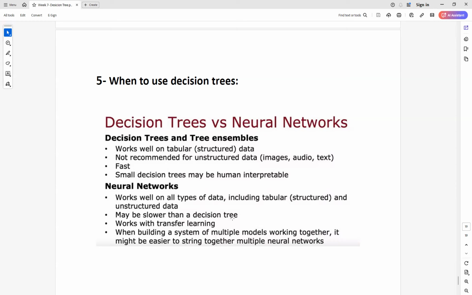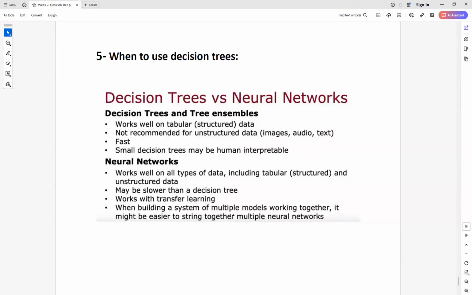Transfer learning means that you can use a pre-trained model, a model that is trained on a huge amount of data, so the model is almost ready, and then you can train it on the new data that you have and use it.